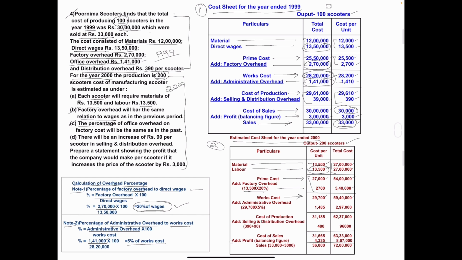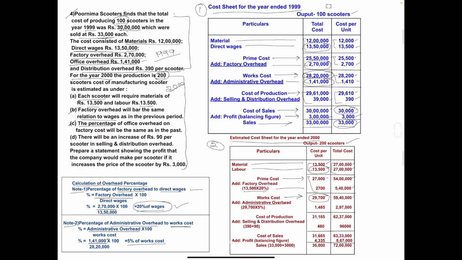Estimated cost sheet. Add administrative overhead. In bracket you have to write works cost. How much? See the estimated cost sheet. Works cost amount is how much? 29,700. So of this 29,700, we have to take 5% as administrative overhead.